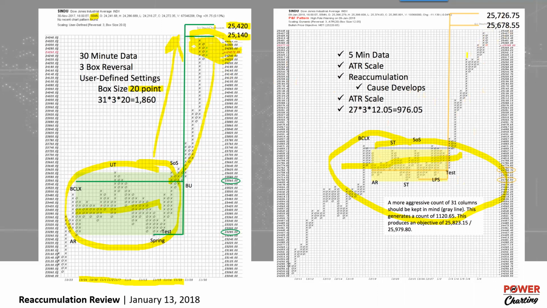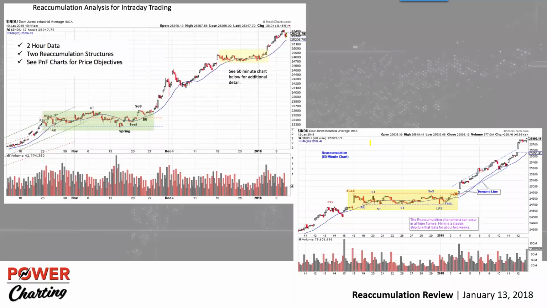You never get perfection, they get close. And notice how when the 5-minute chart had a count of equal extent as the 30-minute chart, it went from being in the reaccumulation into the uptrend. And so this is a terrific timing tool.